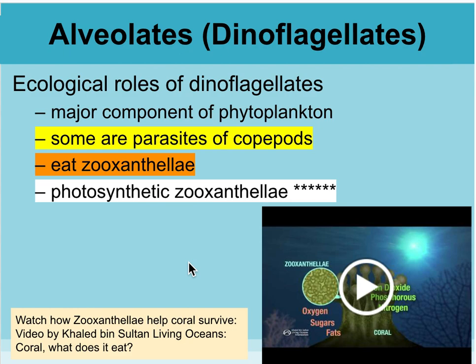Coral's body is normally clear, and then it takes on these zooxanthellae, which is a type of dinoflagellate. Whatever color these dinoflagellates are, that becomes the color of the coral. These zooxanthellae will give the coral food and nutrition, and the coral gives these zooxanthellae safety and a place to live.